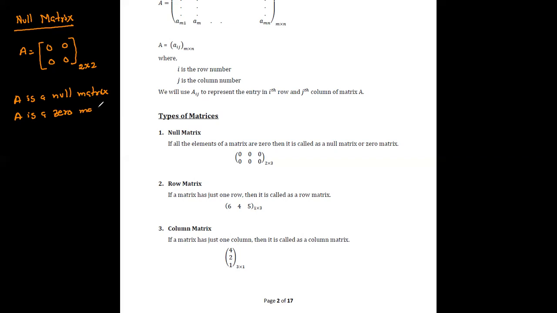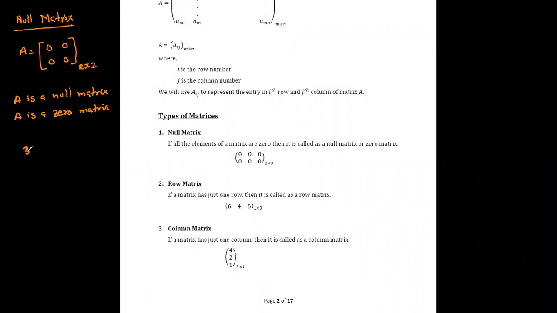The only thing is, if we can identify all the elements of a matrix as zeros, then we say such a matrix is a null matrix or zero matrix.